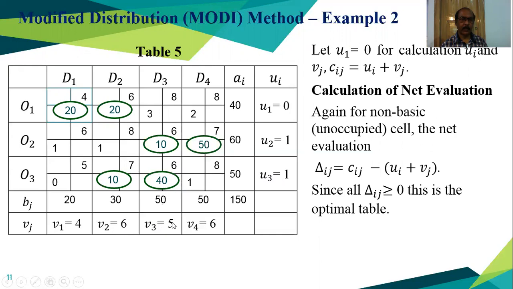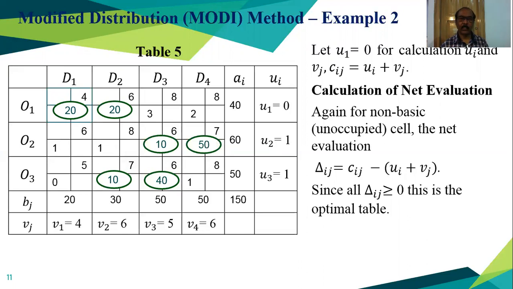As V3 is 5, with the help of this allocation in 2, 3, the cost is 6, so this will be 1. So we got all U and V values.